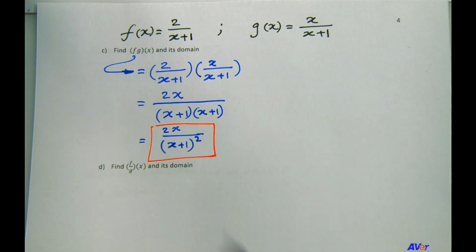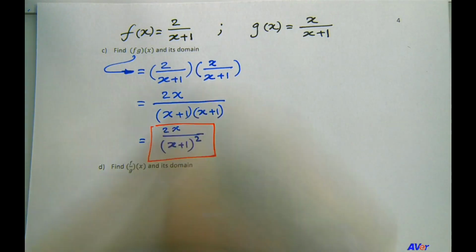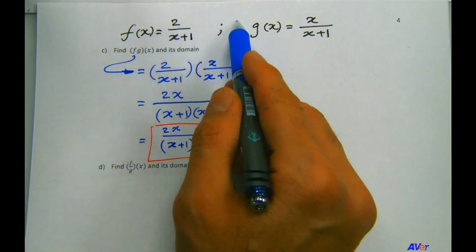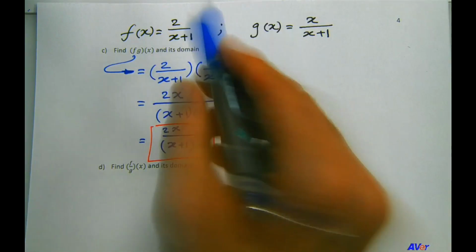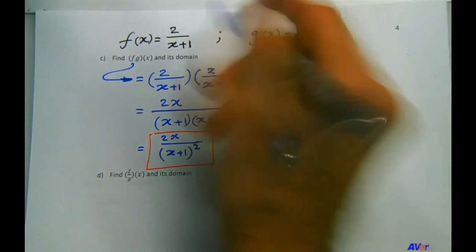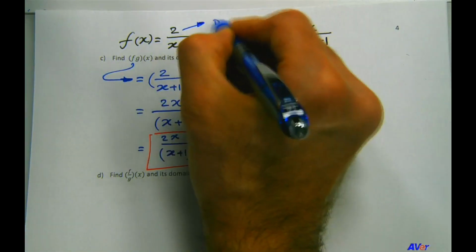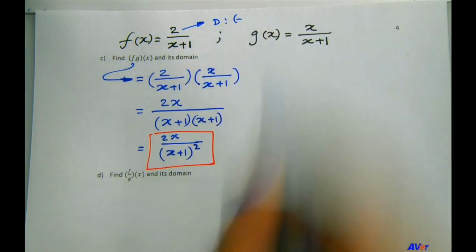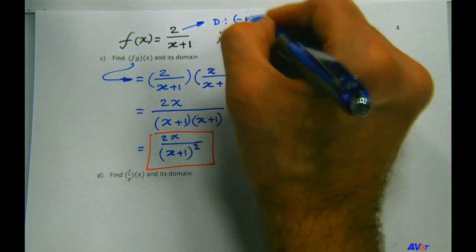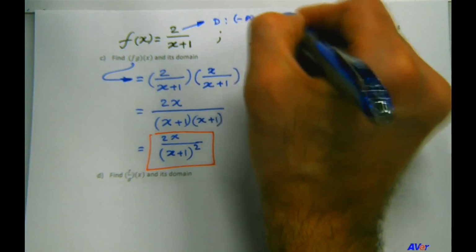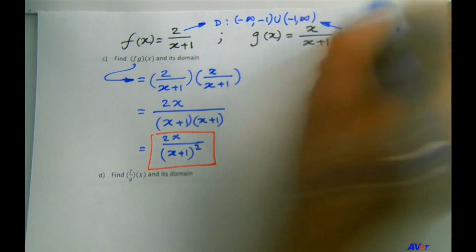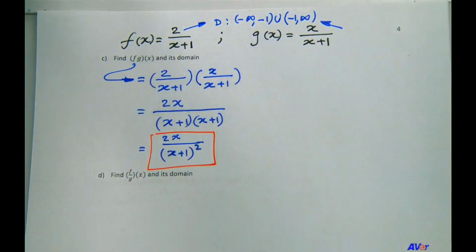Okay, we already know that the domain for both of these is negative infinity to negative 1, union negative 1 to positive infinity, right? So let me write it down again. Domain for this and this is negative infinity, comma, negative 1, union negative 1, infinity. So that's for both this function and that function.